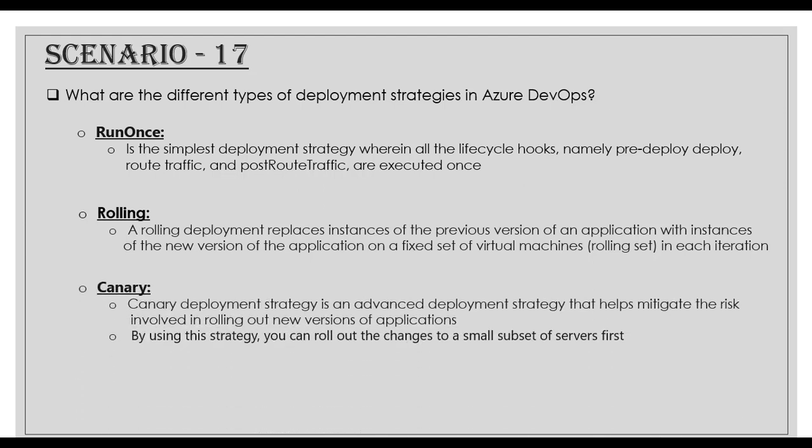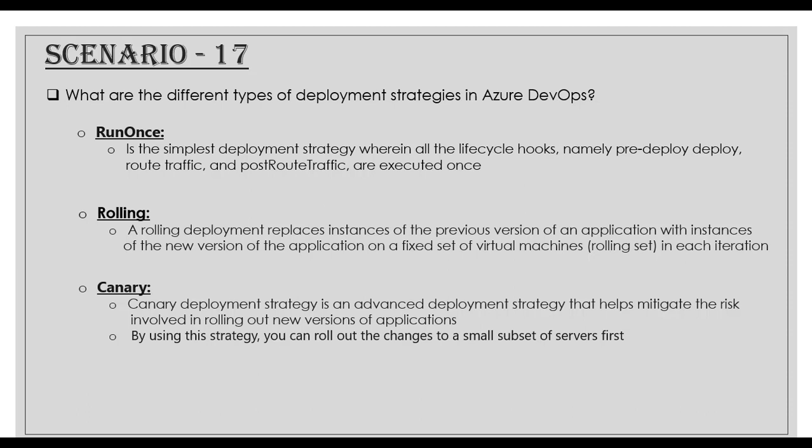And the third and not the least is the Canary one. Canary deployment strategy is an advanced deployment strategy that helps mitigate the risk involved in rolling out a new version of your application. By using this strategy, you can roll out changes to a small set of servers first. Suppose you have a group of 10 servers, and you want to deploy your changes on 2 of the VMs first, and eventually go on to the rest.